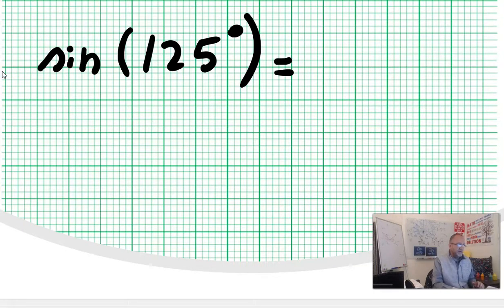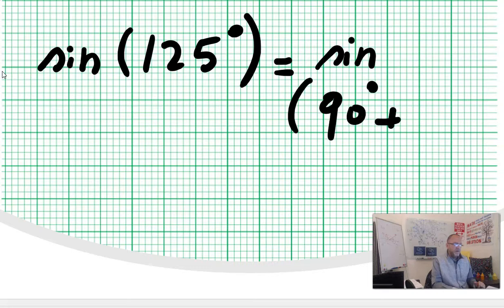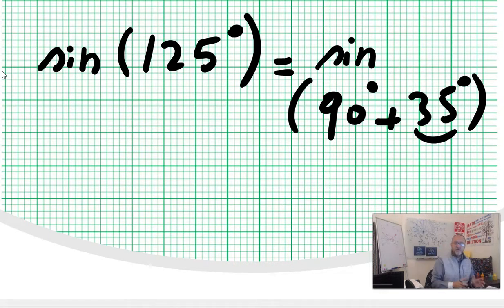There is a formula that I'm going to learn later on on how to not distribute but break up the sum identity. So I can go sine of 90 degrees plus 35 degrees. No calculator allowed. But do you know what's the sine of 35 degrees? I know because I've been teaching and tutoring this for years and years and generations. You don't know. And this is not part of the special triangles. So, nah, that's not the way to do it.